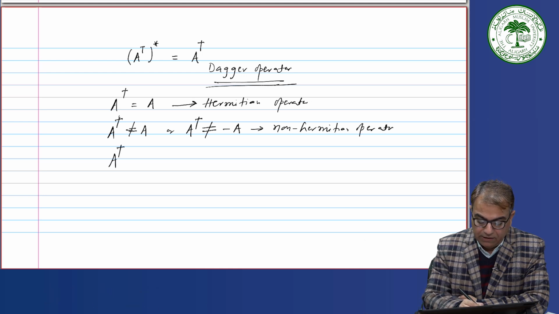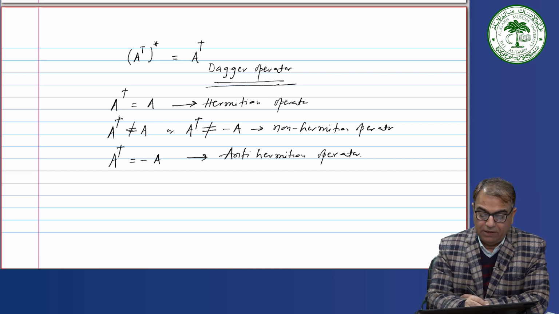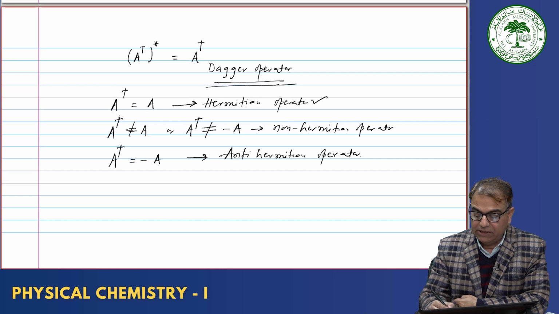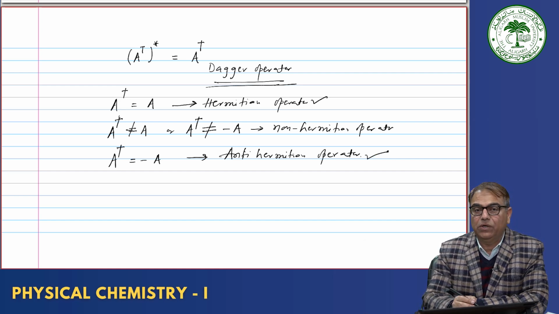And if A dagger is equal to minus A, then it is called an anti-Hermitian operator. So this you will have to remember. A dagger equal to A, it's a Hermitian operator. A dagger equal to minus A, it's an anti-Hermitian operator. And if A dagger is not equal to A and not equal to minus A, then it's called a non-Hermitian operator. So this is the definition of a Hermitian operator in terms of the dagger operator.